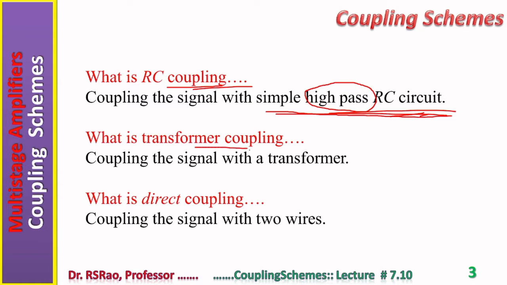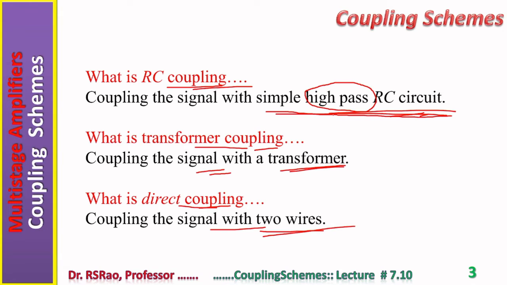Then what is a transformer coupling? Here, coupling of the signal is effected by a transformer. As already mentioned, it is also called inductor coupling. Then what is direct coupling? Coupling the signal with two conductors is called direct coupling.